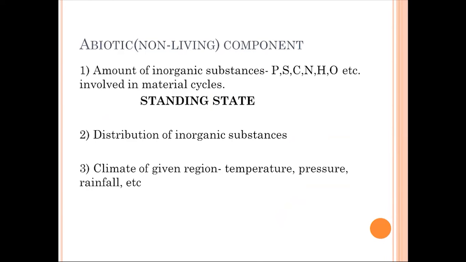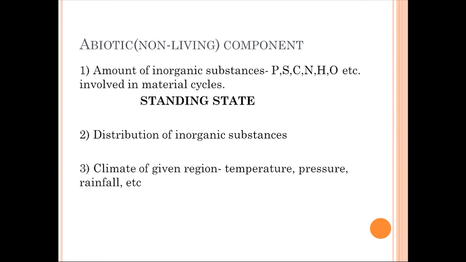So again, first and foremost, the abiotic component includes inorganic substances, various elements like phosphorus, sulfur, carbon, nitrogen, those that are involved in material cycles. Material cycles, you all know, there are carbon cycle, phosphorus cycle, sulfur cycle. Then organic elements like carbon, hydrogen, oxygen, and their compounds.